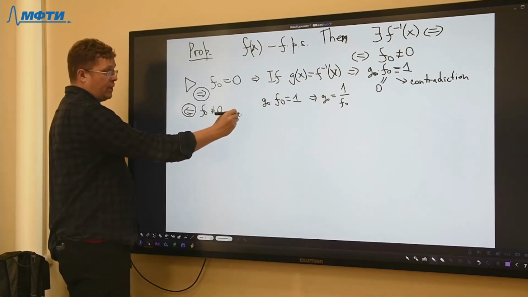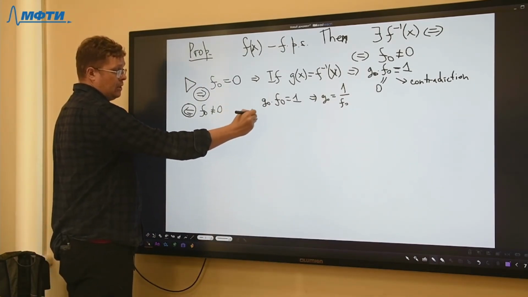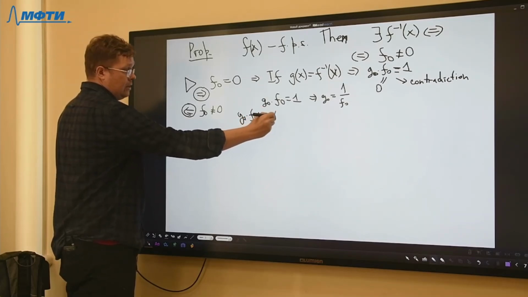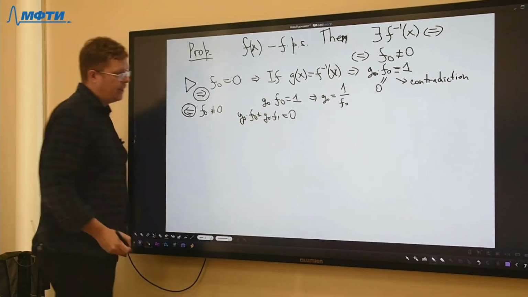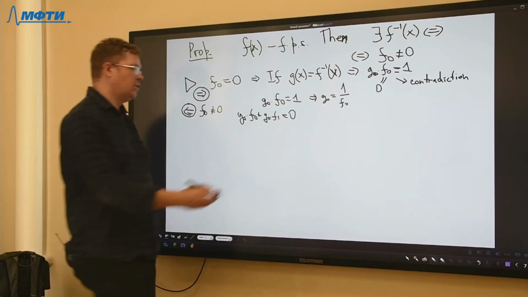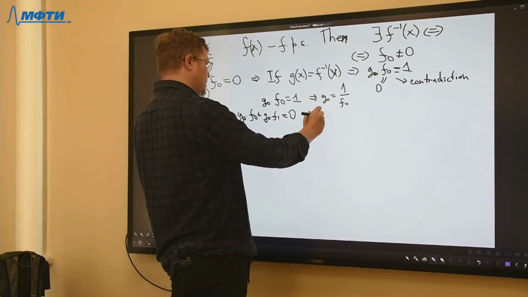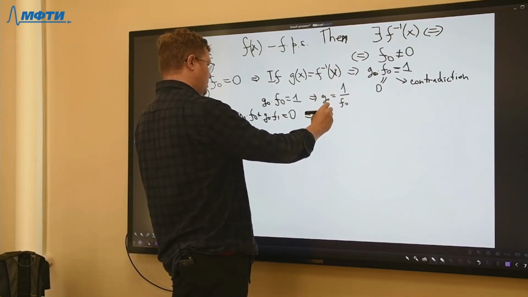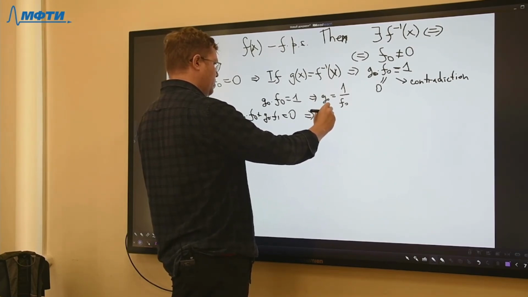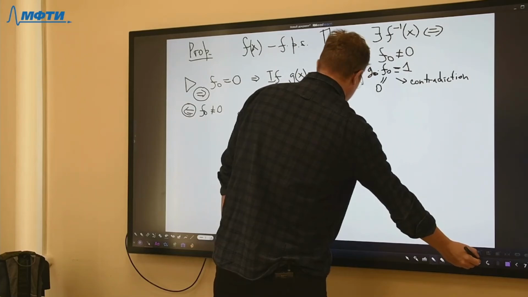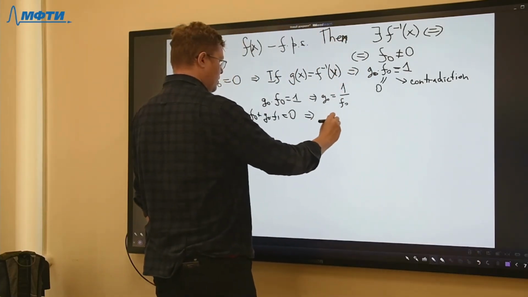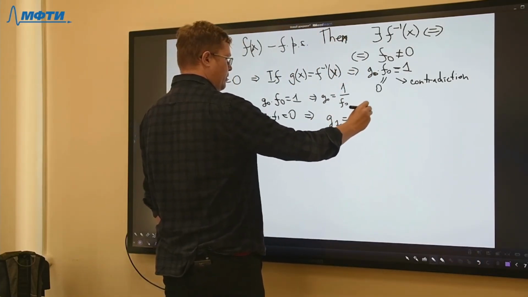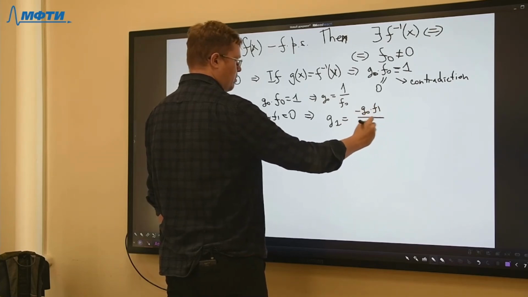If I want to find g1, I can look at the second equation: g1 is minus g0 times f1 over f0.